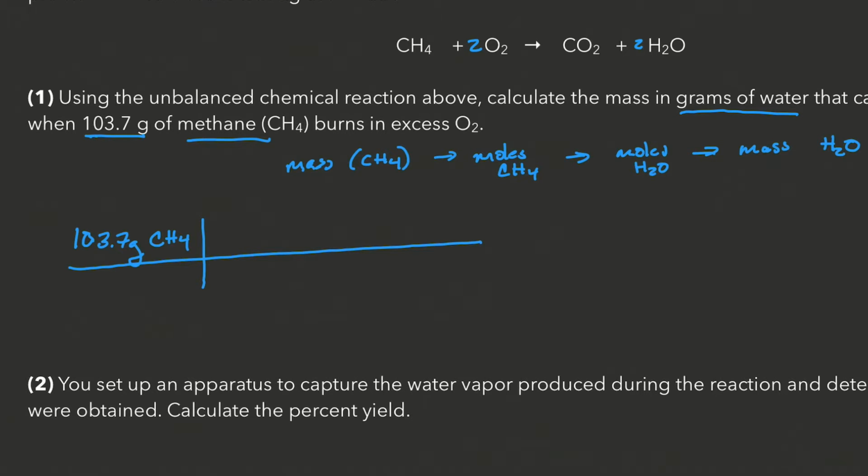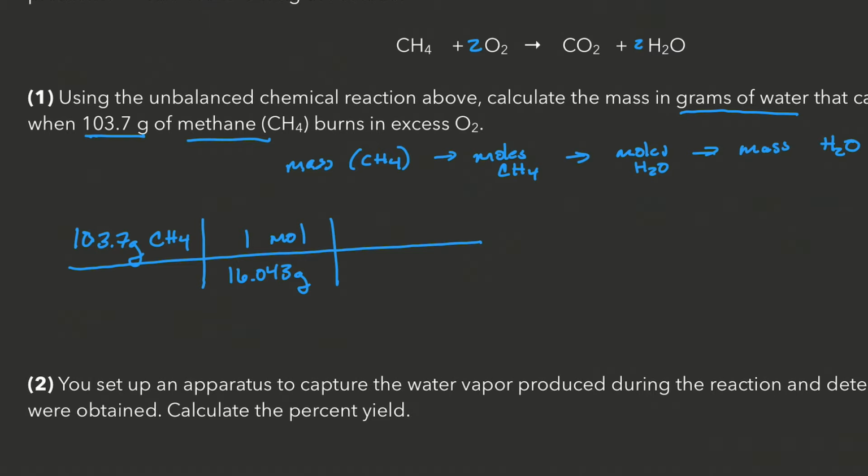So that means now I've got to convert to moles. Well, I know the relationship between mole and mass is molar mass. So the molar mass of methane, let's calculate that real quick. 12.011 plus 1.008 times 4. So that's 16.043 grams.